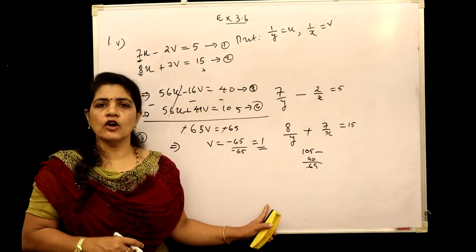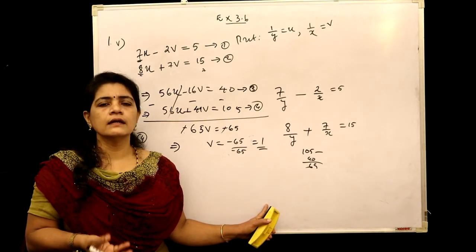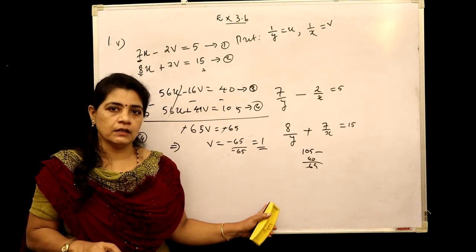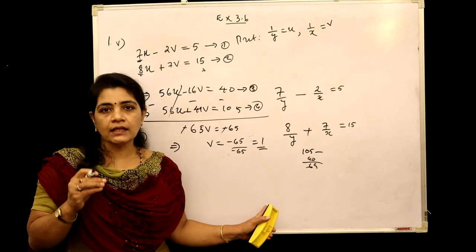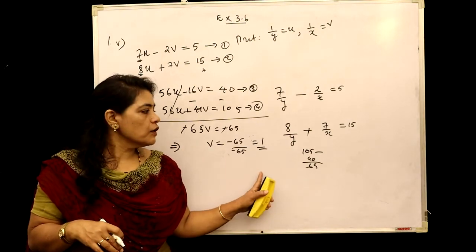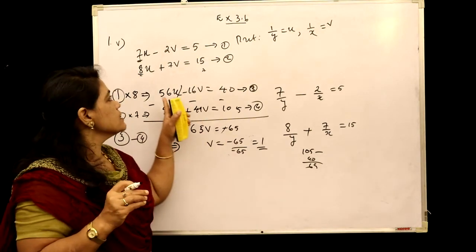This step is clear. See, it is normal substitution and solving of a pair of linear equations by the elimination method. This is the way to make the coefficient of u the same by multiplying with a suitable number. So in order to get u, what is the next step?